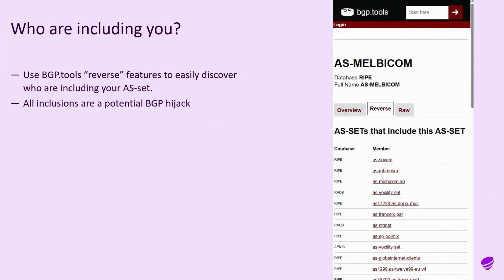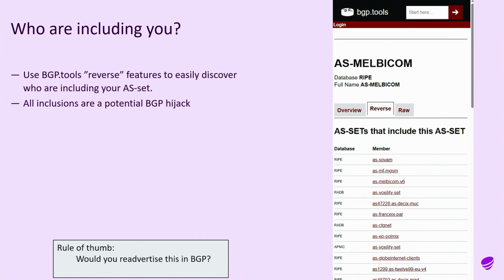All of these inclusions are a potential BGP hijack that could happen. And are you prepared to fight that if your IP addresses are being hijacked like this? So again, the rule of thumb is, which of these would you have re-advertise your routes into the BGP routing table?